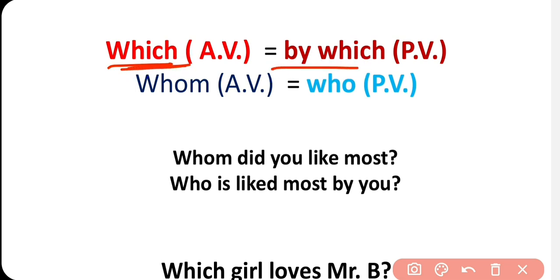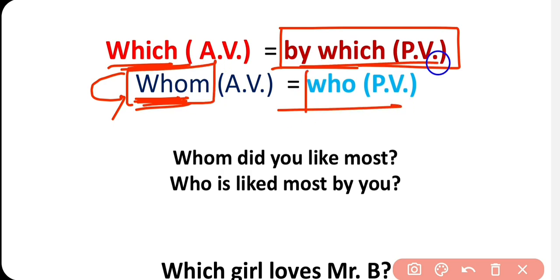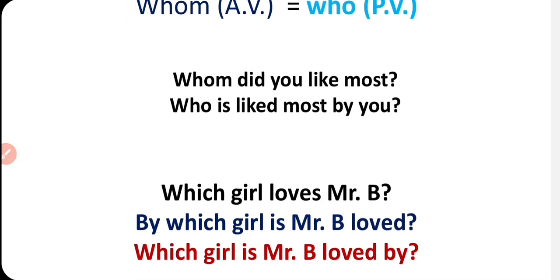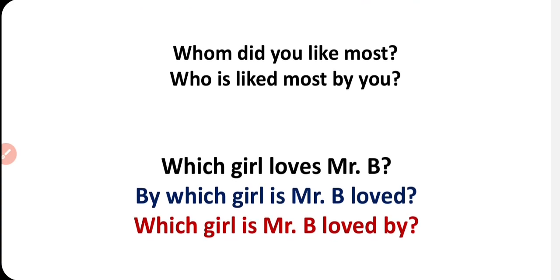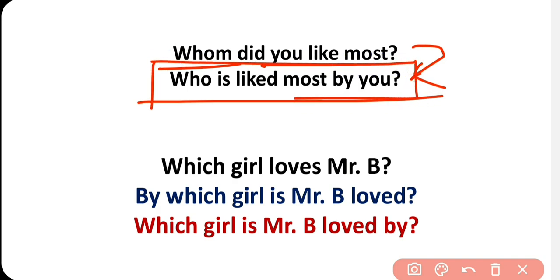Notice the voice change of sentences containing which. And in active voice, if there is whom, then it will be who in passive voice. So look at these sentences and you can understand it in a better way. So whom did you like most? What will be the passive form of this interrogative sentence? So it will be: who is liked most by you.